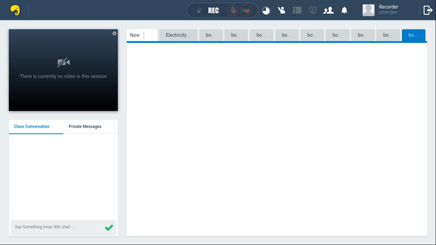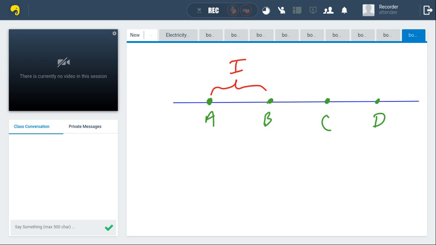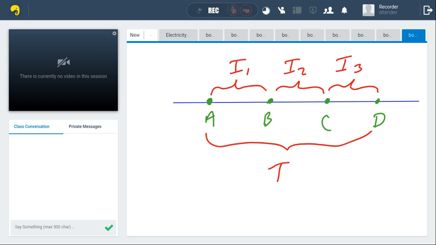If I was to set up that system again and look at current, well, let's have a look. A, B, C, D. So let's look at that.